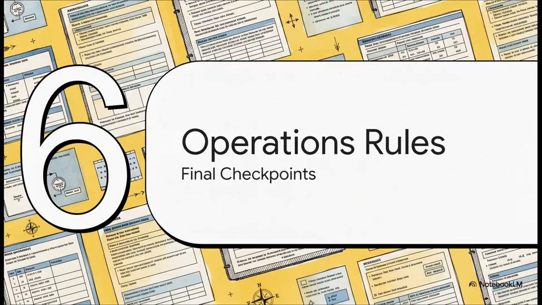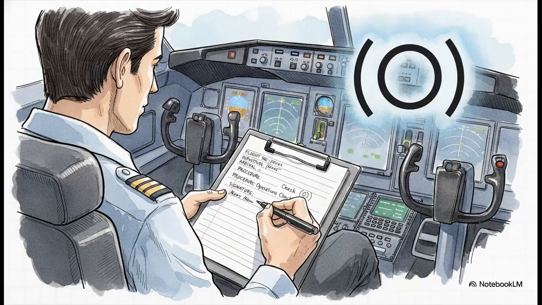Finally, we hit Section 6, Operations, Actions, and Annexures, the final checkpoints. Remember that O symbol we touched on earlier? Well, here's the kicker. If you see an O symbol in column 4 of the MEL, that means the operating crew has to actively complete a specific operations procedure, either in planning for the flight or operating with a broken item. And they can't just do it in their heads.